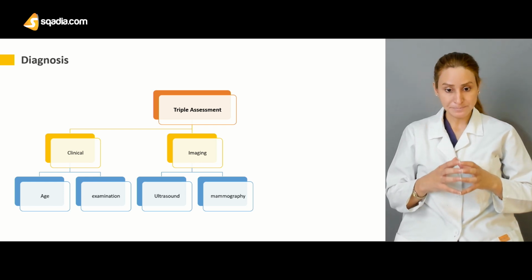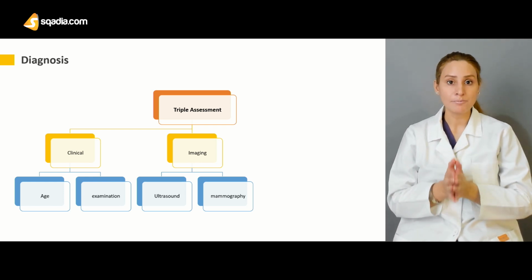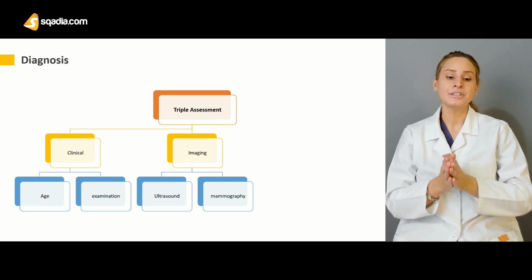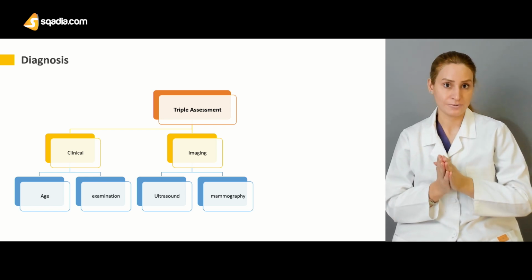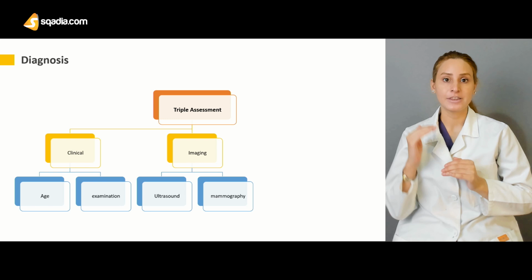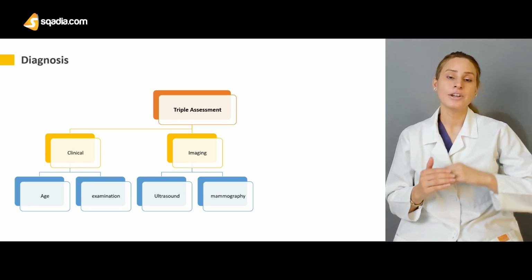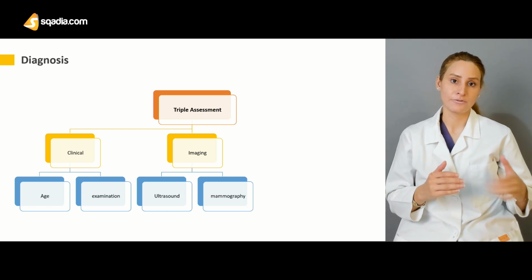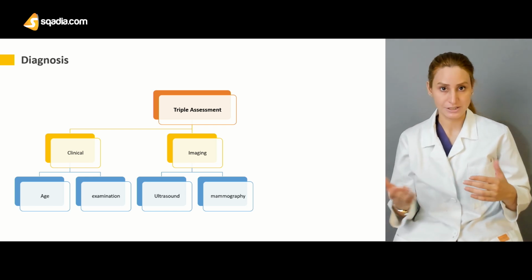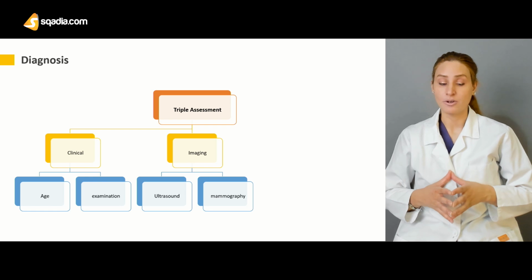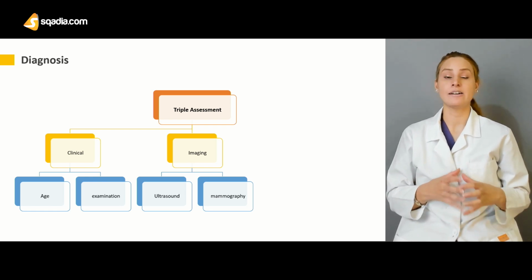So remember, in case of the young population, you have to go for ultrasonography. If the age of the patient is less than 40 years, then you have to go for ultrasonography. And if the patient is above 40 years, then you have to go for mammography. Why this demarcation is there?